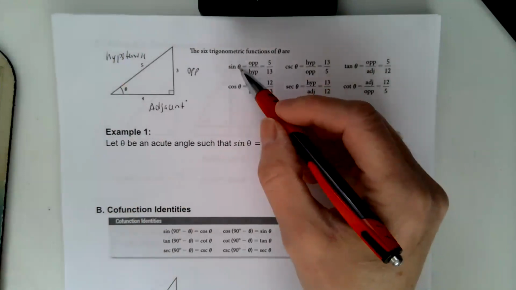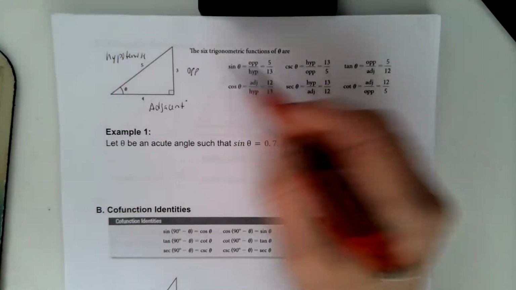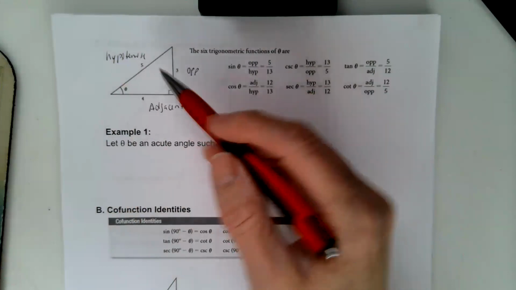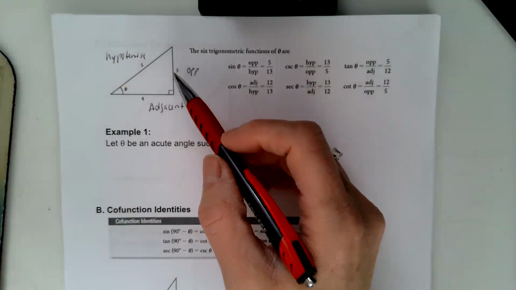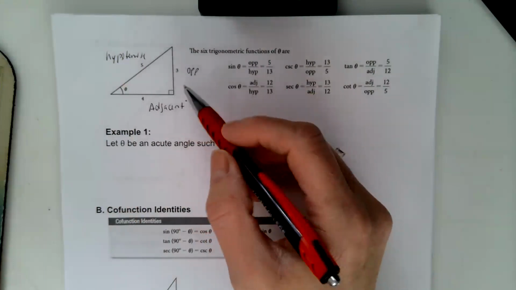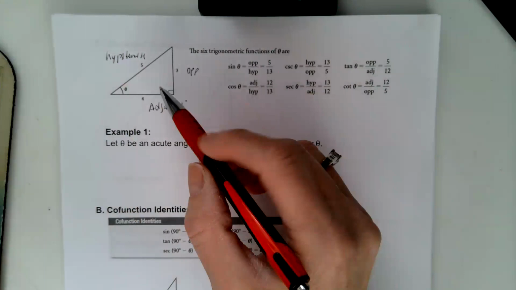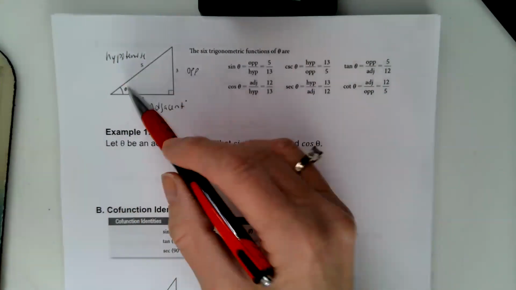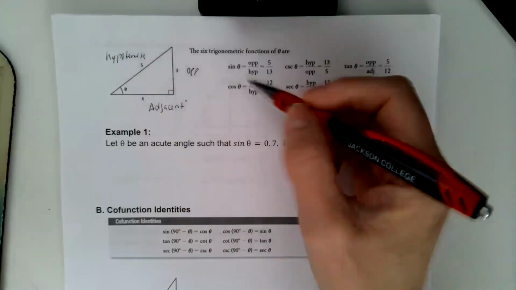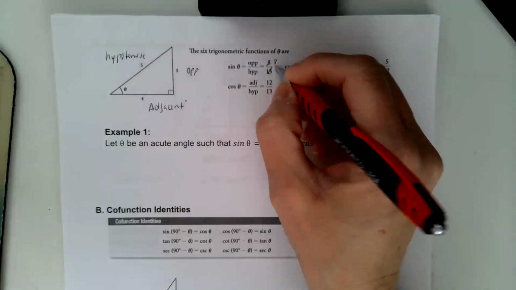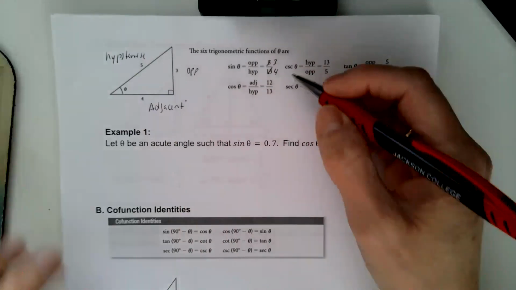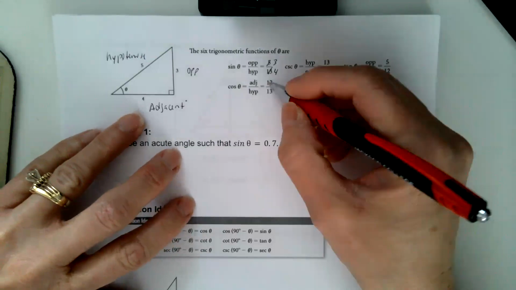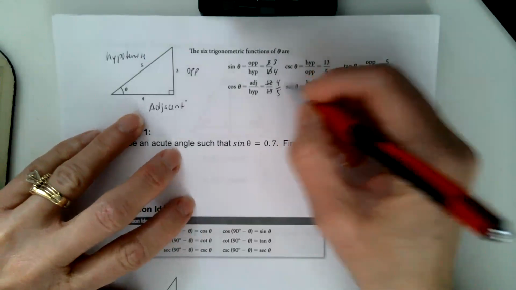And so the sine of theta is 3 over 5. Oh, my picture does not match my numbers here. The tangent, opposite over the adjacent, is 3 over 4. Yours should be correct. The cosine is the adjacent over the hypotenuse, so that would be 4 over 5.